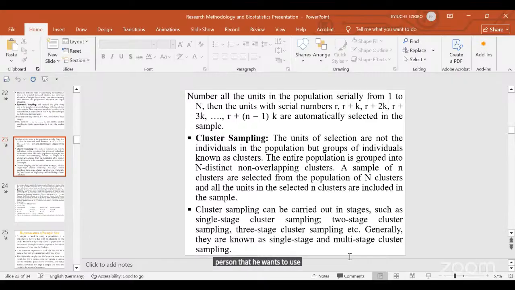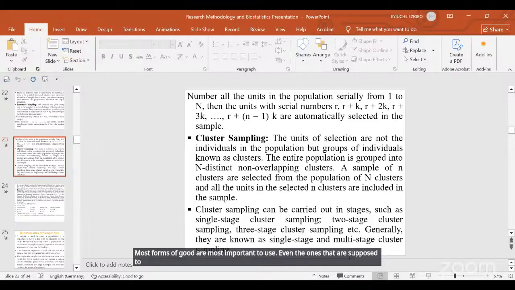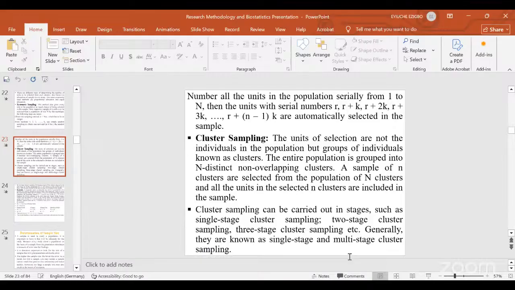Even those who could be part of the population, because of the characteristics he has formed, he will not want to include them in the research. As a result, the researcher has purposely decided on the kind of participants he wants to recruit for his study. In such a situation, it is a judgmental or purposive sampling technique. I'm sure it is clear.